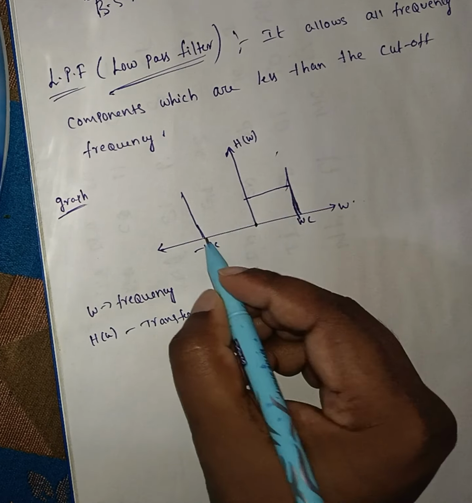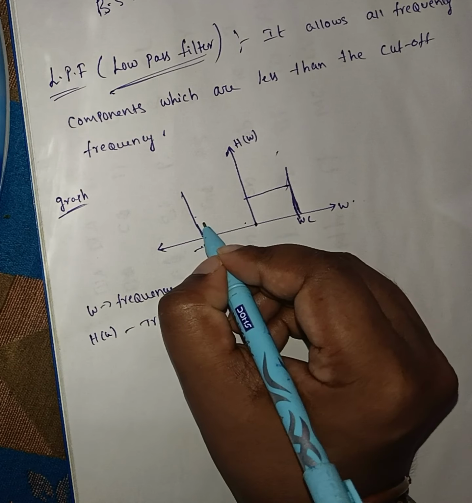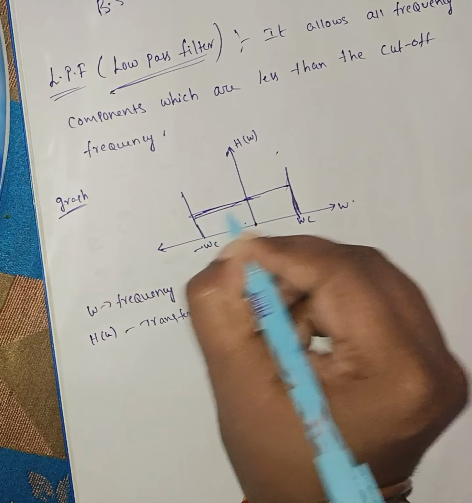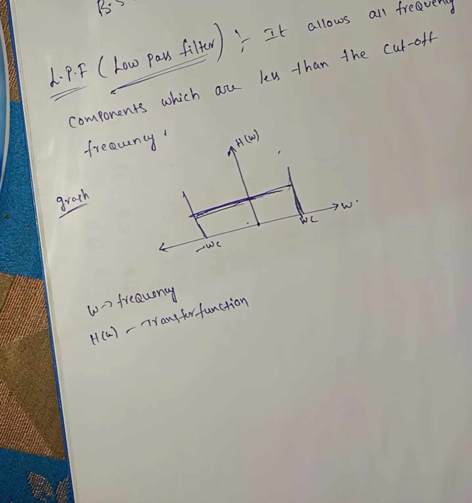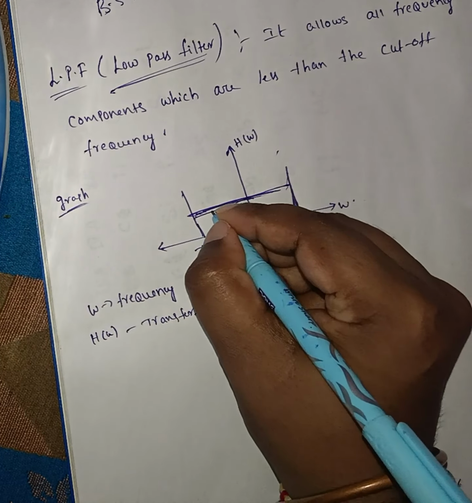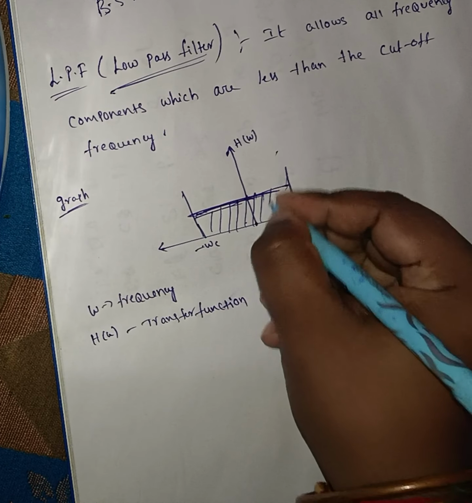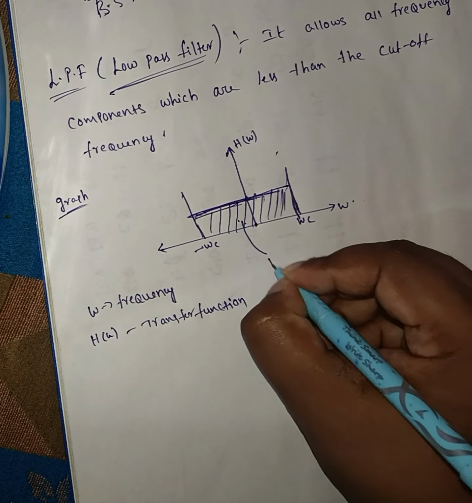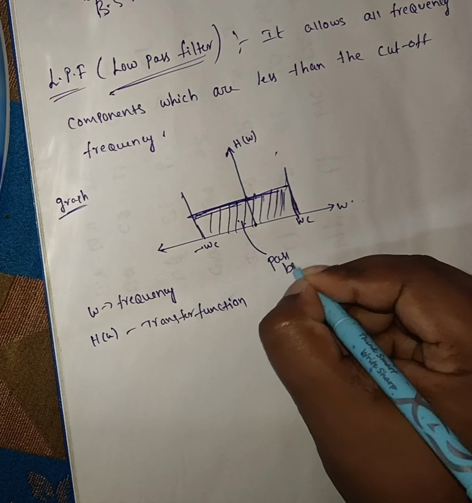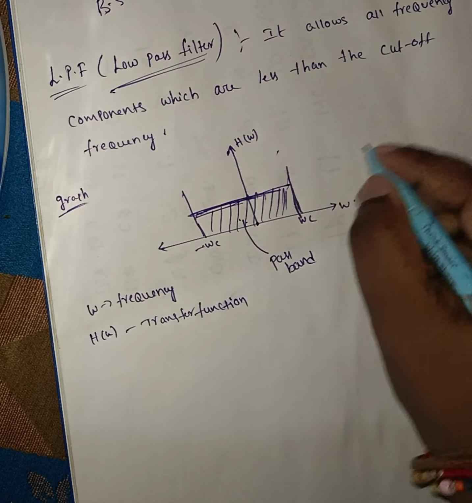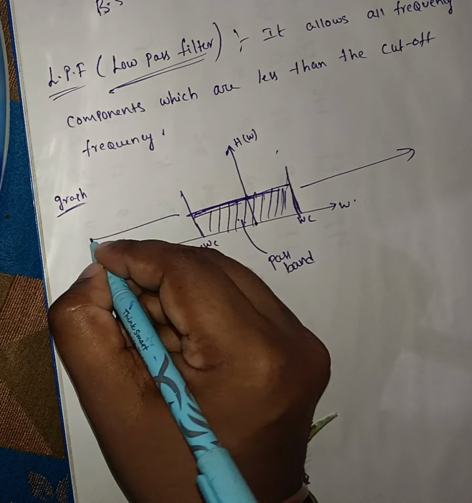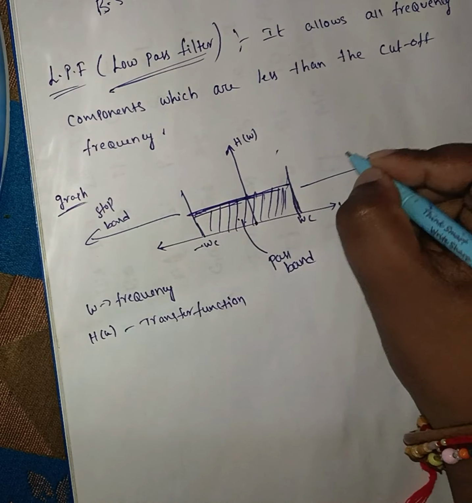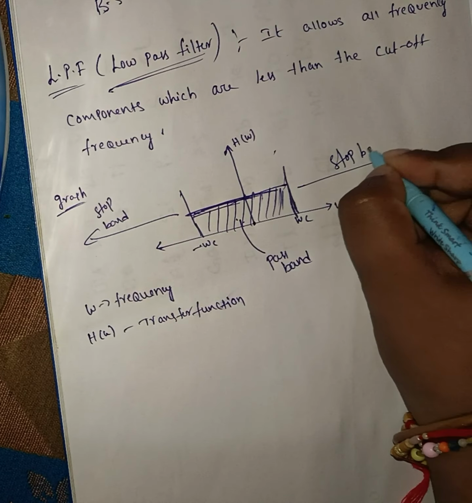This band is called the pass band. The remaining parts, this and this, are called the stop band.